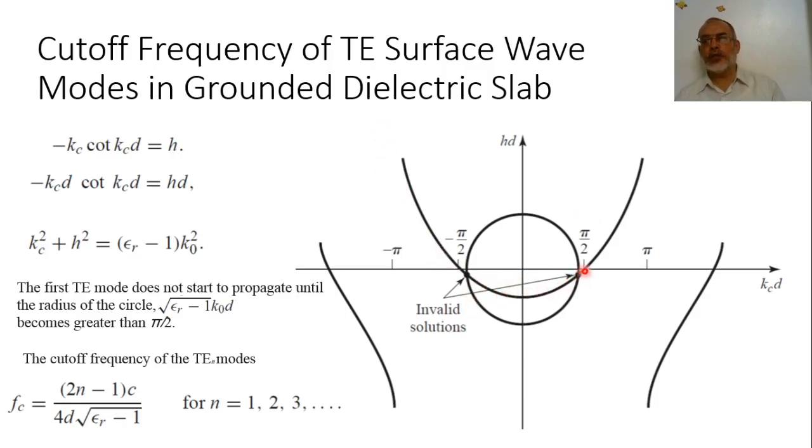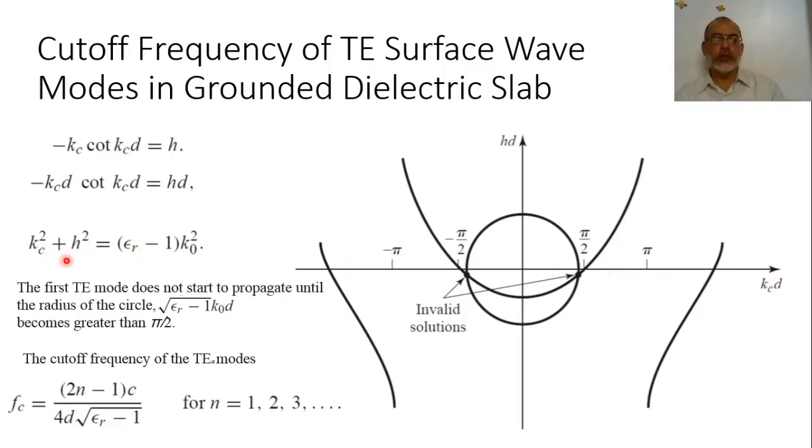And this will be 0 when KcD equals pi over 2, where the cotan is 0. And it would be infinity at KcD equals pi, and so on. Okay.